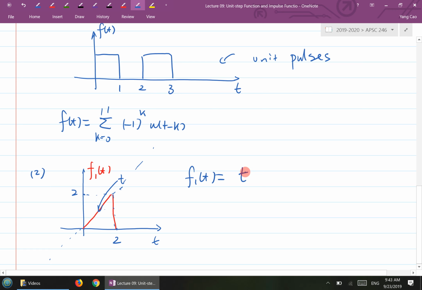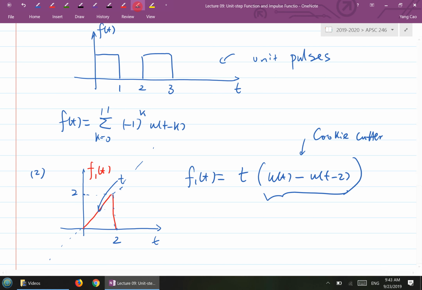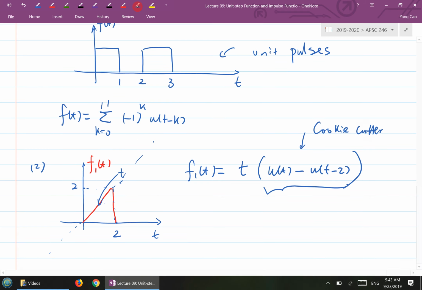To cut it out, you use this function t times the cookie cutter. In this case, it's u of t minus u of t minus 2, with the length of 2 here. This portion is what I call the cookie cutter. So that's much simpler mathematically.